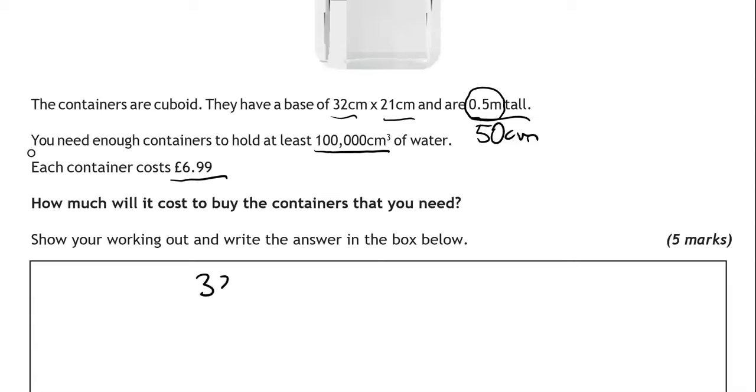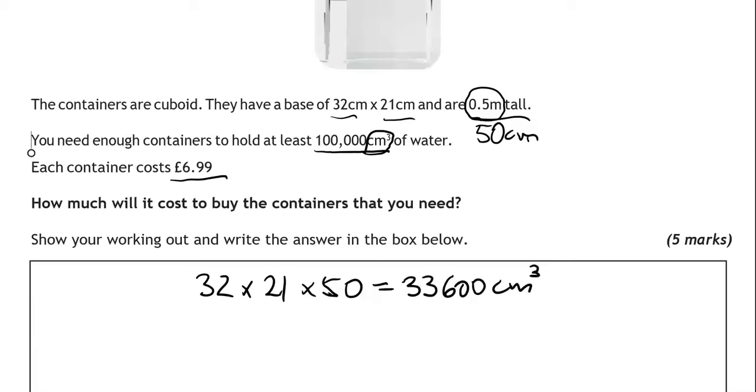So we're going to go 32 times 21 times 50 to get the answer in cubic centimeters, because that's what we need. Plugging this into the calculator, we get 33,600 cubic centimeters.